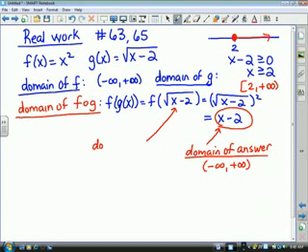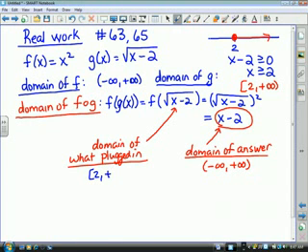But then you also have to examine the domain of what you plugged in. And the reason why is, think about when you do f of g of x. g of x is what you look at first, isn't it? So that's why you gotta look at its domain. And see, we've already done it. It was from 2 to infinity.